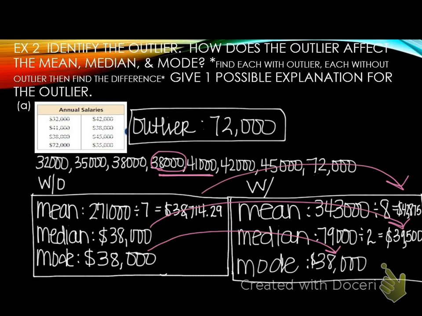So what would your explanation need to be? Your explanation is that the outlier increases the mean and the median, but does nothing to the mode. Okay?